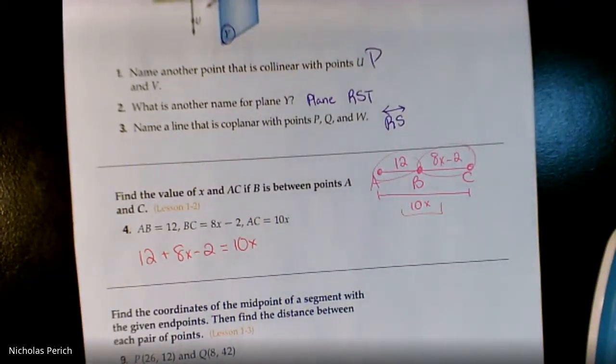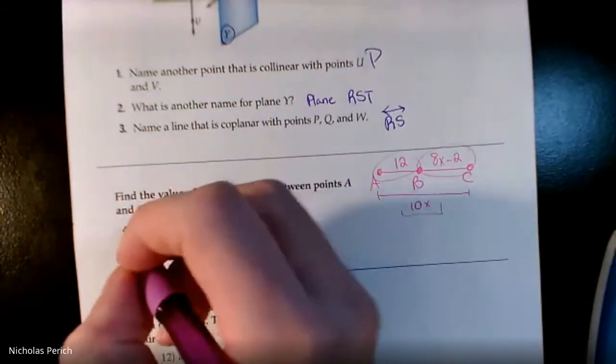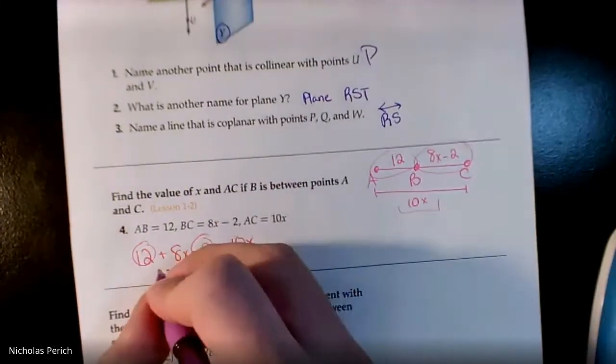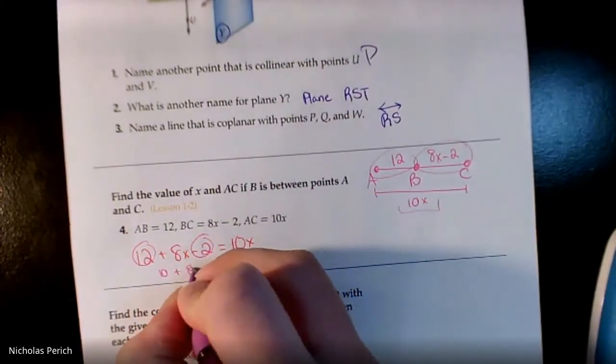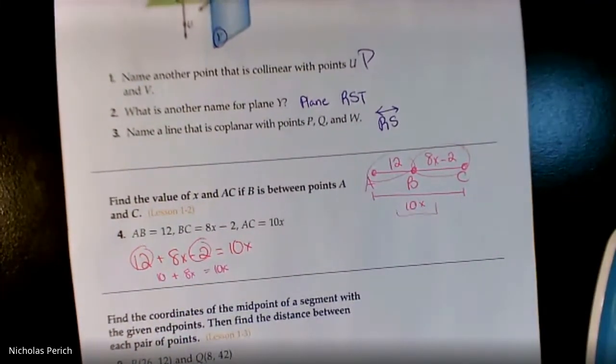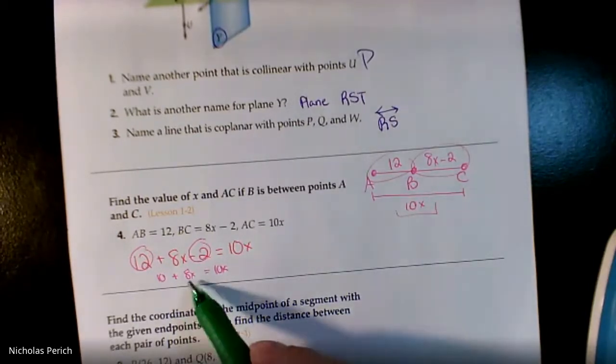Are you with me or no? Okay. So I have 12 minus 2, which is 10. 10 plus 8x equals 10x. Why don't I have an x on the left and an x on the right?